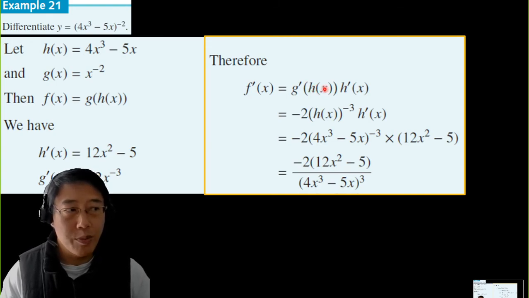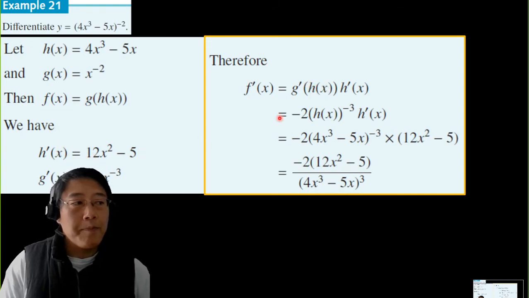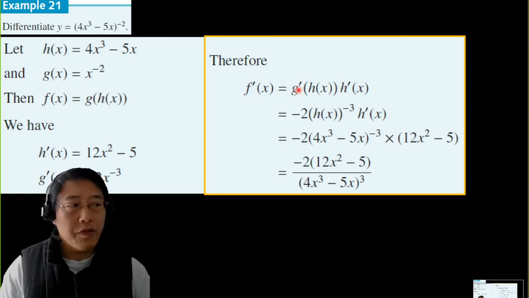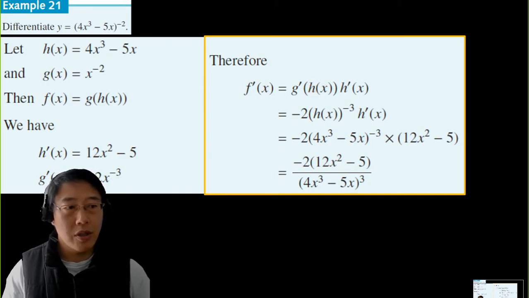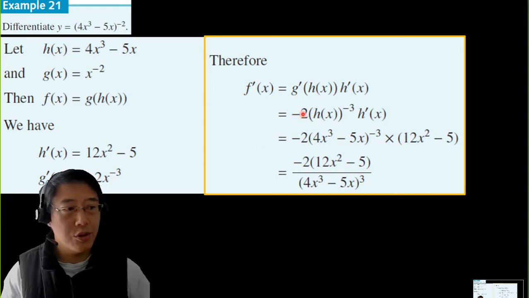So that's what you need to be doing. The first factor you differentiate as g prime, and you substitute your x by h. So here that is your g prime in terms of x. So that will be negative 2 bracket x to the power of negative 3, and you substitute h.